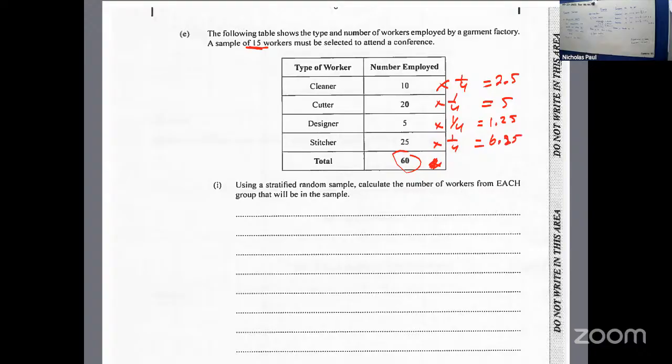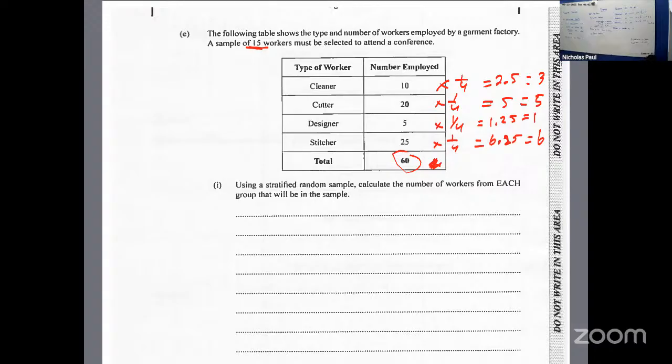Right? So let's just see how it works out. This might be 3. This will be 5. This will be 1. And what the last one will be. Right? So it worked out okay.